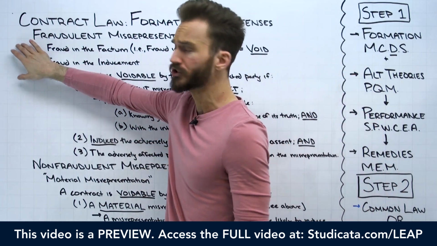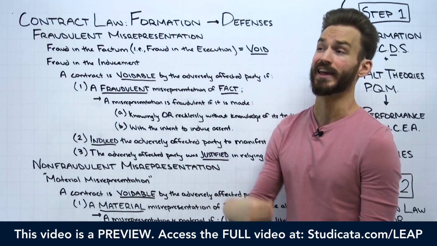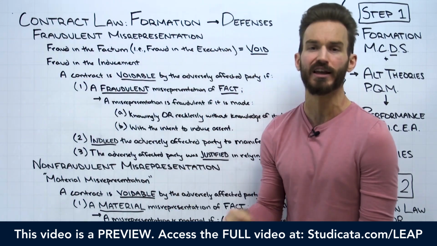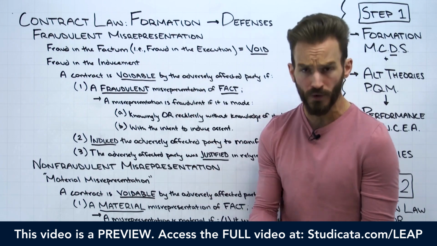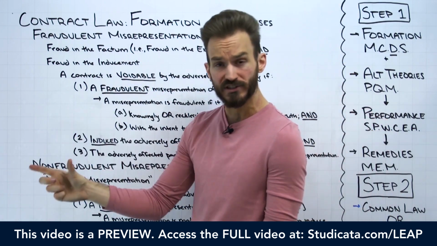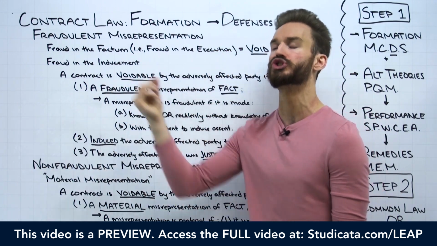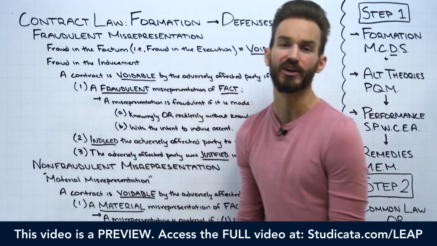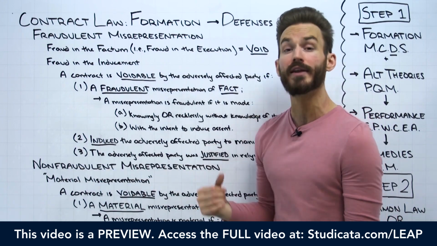Of course, a fraudulent misrepresentation is an intentional lie, right? It's when the party is making an assertion of fact that is not true, knowingly or recklessly, with the intent to induce the other party's assent. A non-fraudulent misrepresentation is when a person lies on accident.